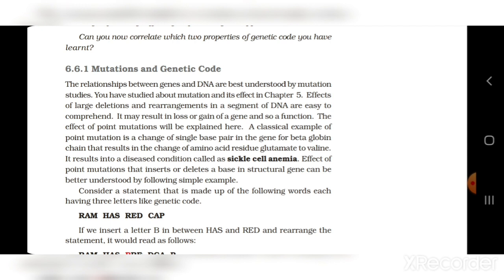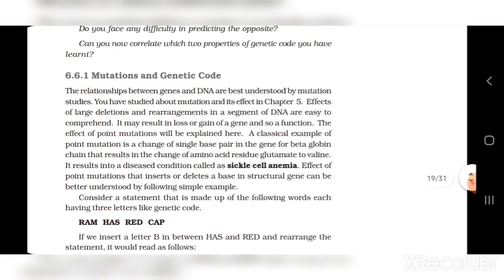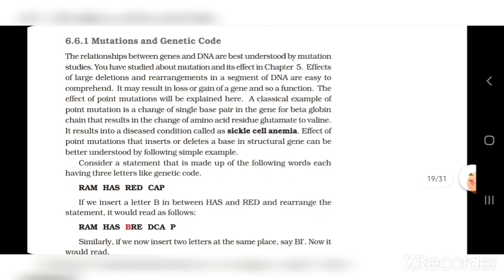Now there are mainly two types of mutations. The first is the point mutation, where the mutation takes place in a single base pair and it is replaced by another base pair. One single base pair in the genetic code gets changed.